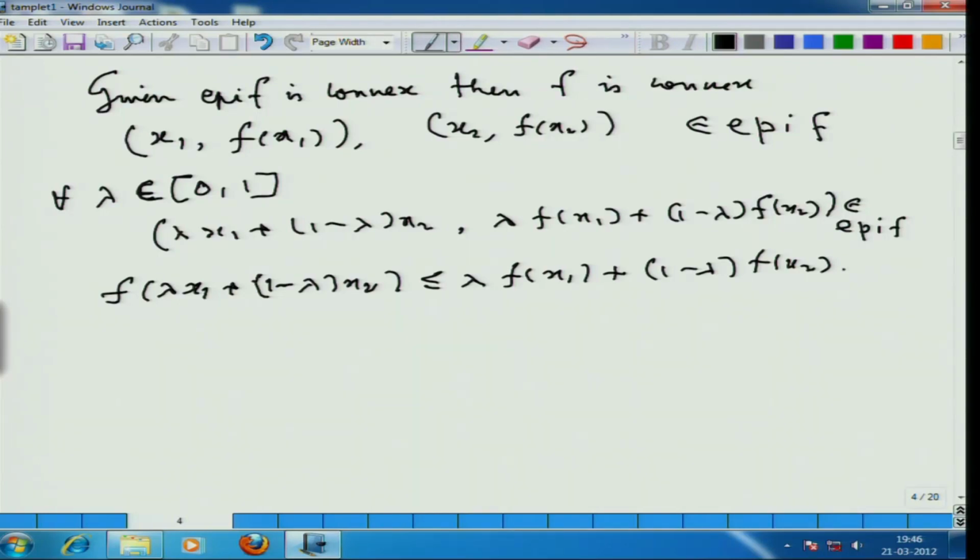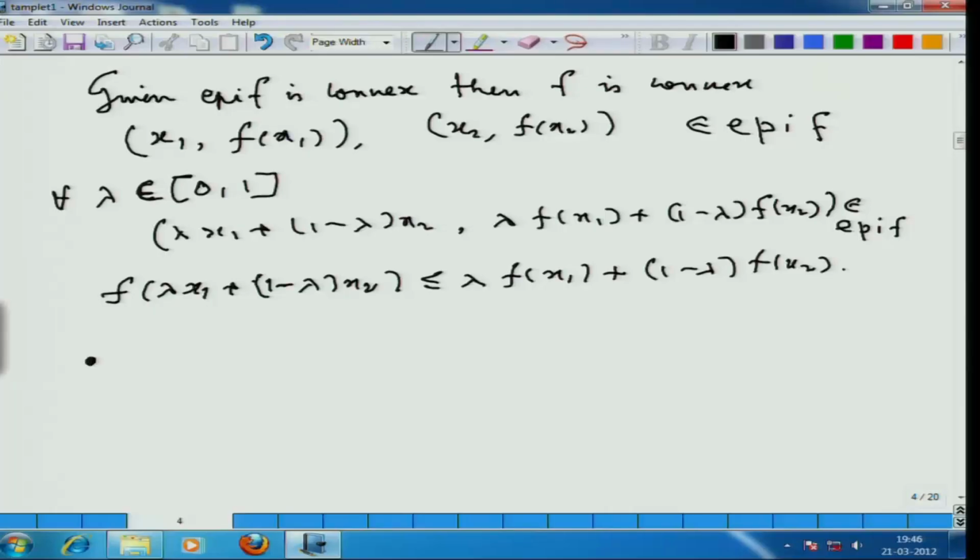Now, let me tell you about a text from which you would be able to know convexity or convex analysis at its best. So, I will refer to the most legendary and classical text in this area called Convex Analysis.